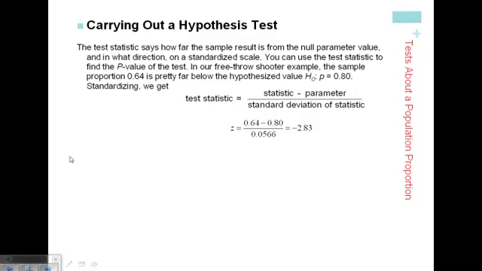So in the case of the free throw shooter, we are going to use this particular formula, that z is equal to p-hat minus p divided by the square root of p times 1 minus p all over n.